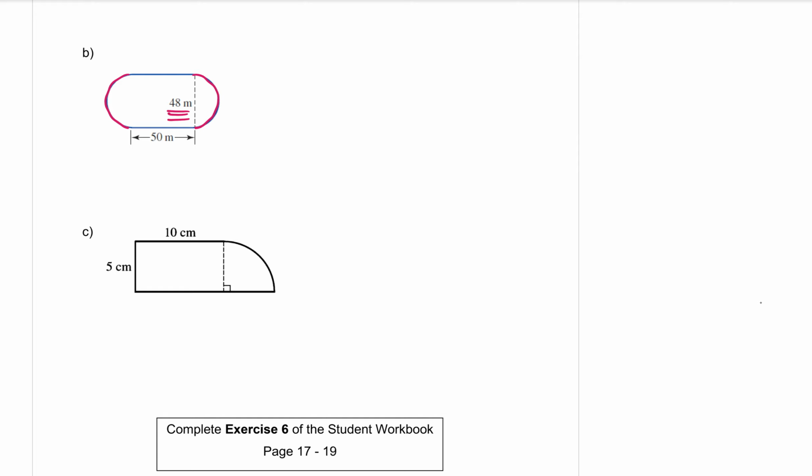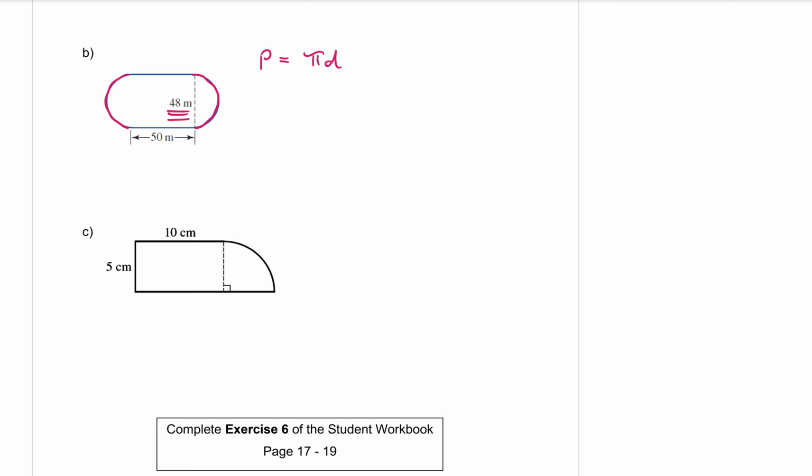So if I want to find the perimeter, I just need the formula for the circumference of a circle given the diameter, which is pi d. Now that will only tell me these curved parts that I've traced over there in red. I will then have to add on the straight sides to find the full perimeter.